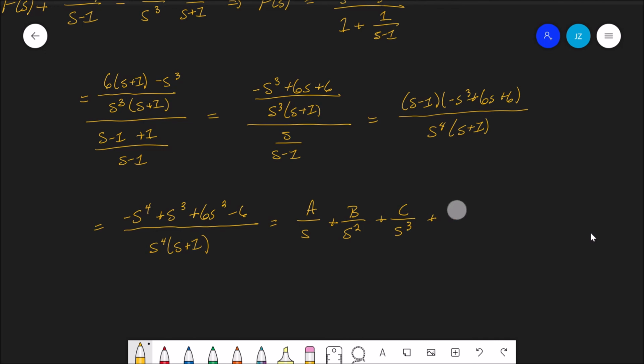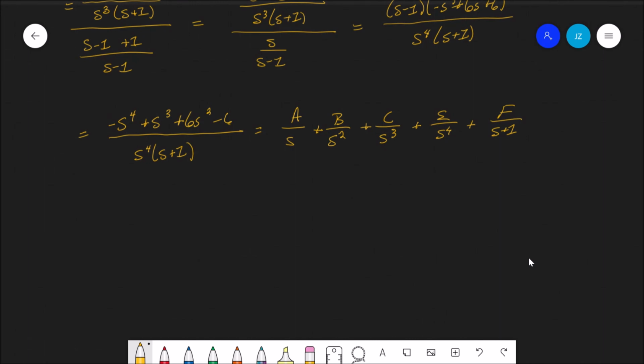I will not use capital D because that stands for derivative. We've done enough of these. I'm not going to go through all that work. I leave it to the viewer that this will give you A is equal to 1, B is equal to 0, C is equal to 6, E is equal to negative 6, and F is equal to negative 2.